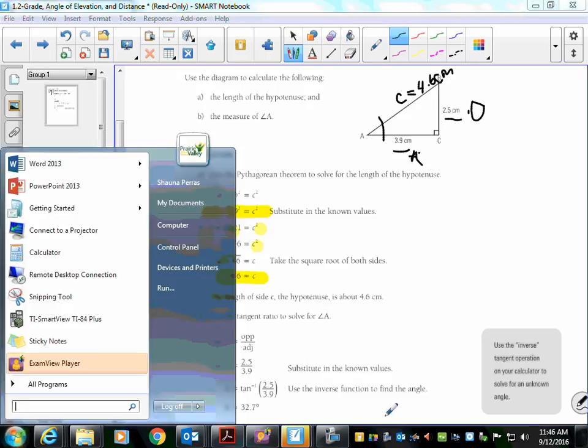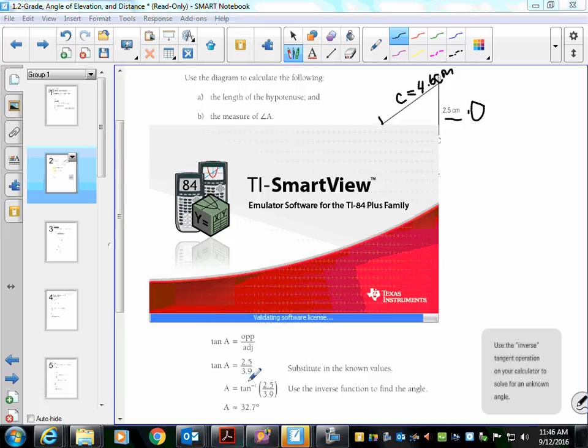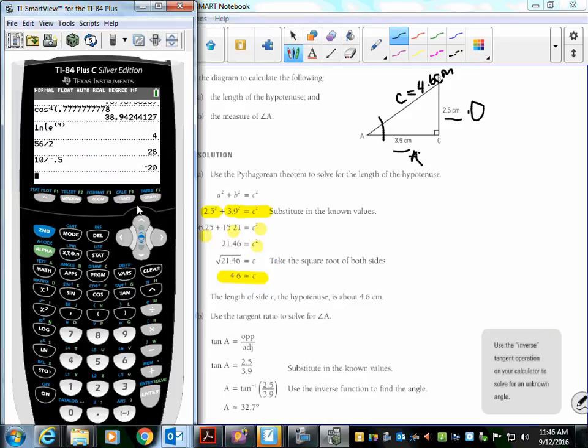Now, if I pull up my calculator, there's this tan to the minus 1 button that you're going to use. You get tan A equals 2.5 over 3.9, but you need angle A by itself. So you press second tan. That'll give you the angle. It's called the inverse operation.